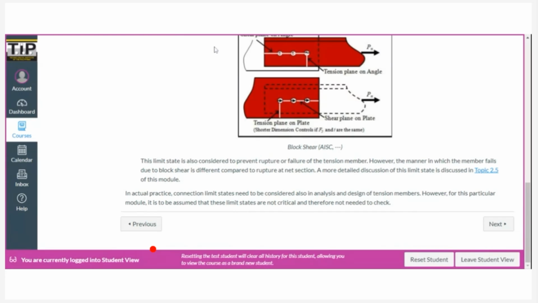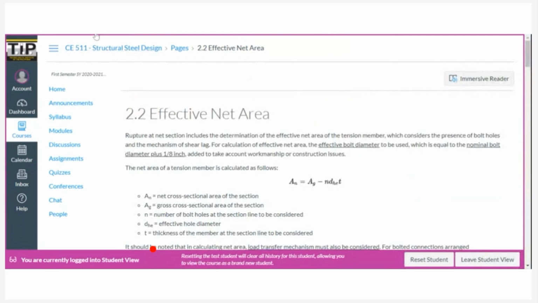So the yielding at cross section, madali na siya. So the cross section is just the original cross section itself. So we don't really need to know how to determine. So if you know the shape, you just have to get the area. Kung for example, structural steel shapes, we just refer to the ASEP handbook. Okay?